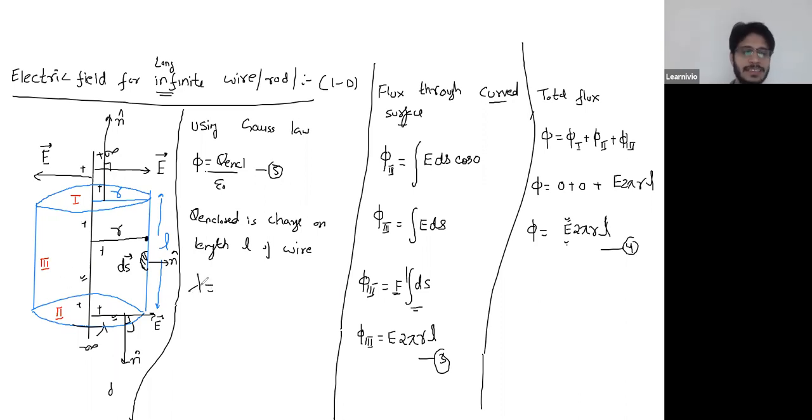So we can write lambda as the charge divided by length. Linear charge density is Q enclosed, and this charge is on length L. So I can write lambda as Q enclosed over L. Next, you can write Q enclosed as lambda L. That's equation number 6. You can easily substitute 6th and 5th.